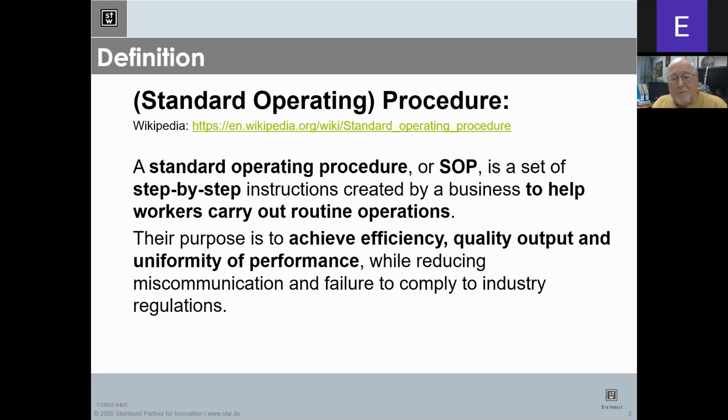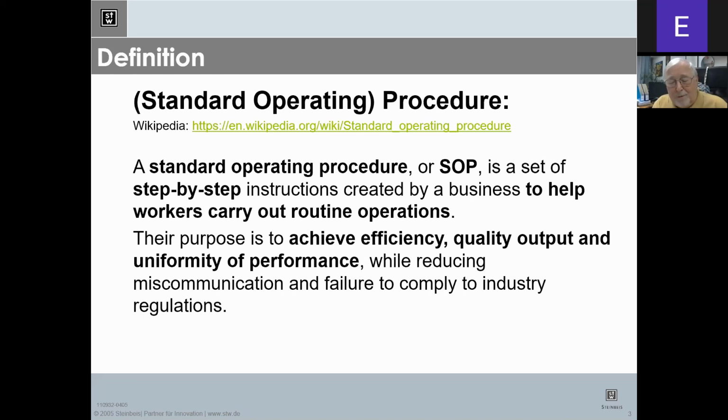So it should help workers in the common sense, curators, managers, and everybody else involved in the operation of a company or an organization. We have here the term step by step.